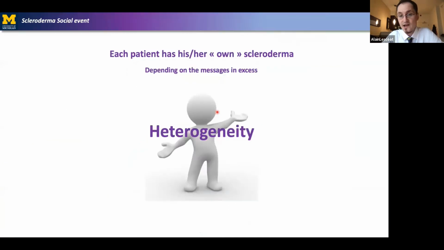So this is why I like to say that each patient has his or her own scleroderma, depending on the message in excess, and that each patient has his or her own treatment, depending again on these messages, because the treatment will target a specific message and will block this message.